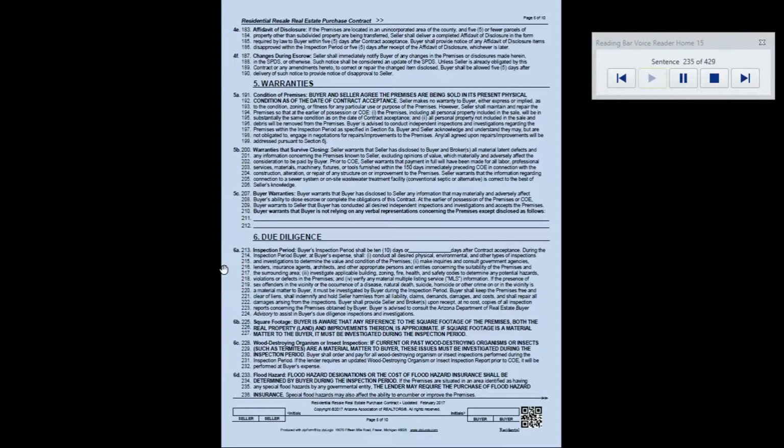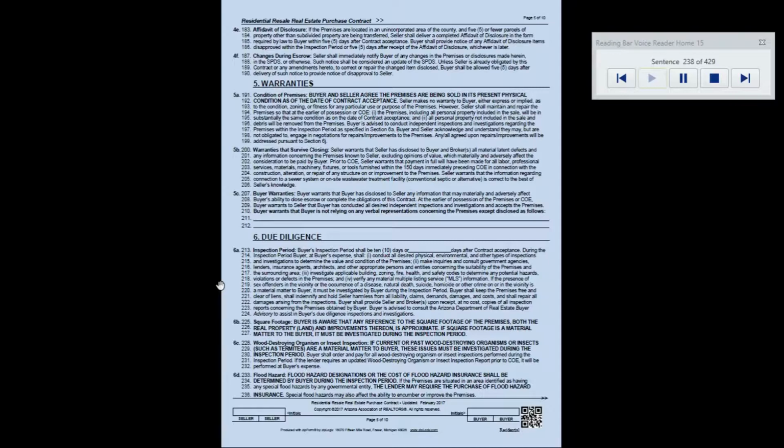Make inquiries and consult government agencies, lenders, insurance agents, architects, and other appropriate persons and entities concerning the suitability of the premises and the surrounding area. 3. Investigate applicable building, zoning, fire, health, and safety codes to determine any potential hazards, violations or defects in the premises. And 4. Verify any material multiple listing service, MLS, information.